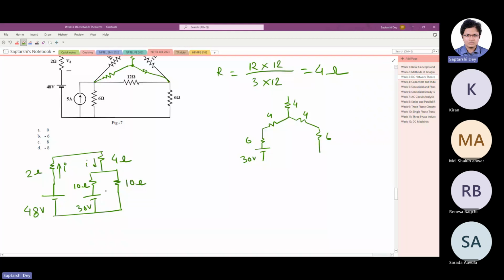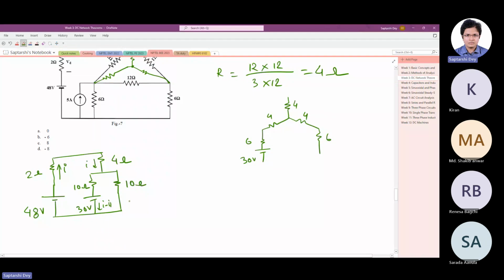Can we do it in an easier way? KVL, Norton's theorem, can we apply? Okay, let us forget. Let us just do it directly. I, and say I minus I1 goes through this and I1 goes through this.